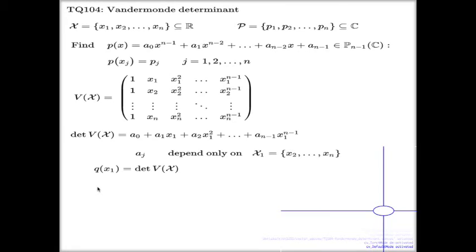Imagine for a second I'd like to compute the value of my q polynomial at point x2. Can I? If I replace this x1 with x2, this x1 with x2, this x1 with x2, what do you think the value will be? Any ideas?